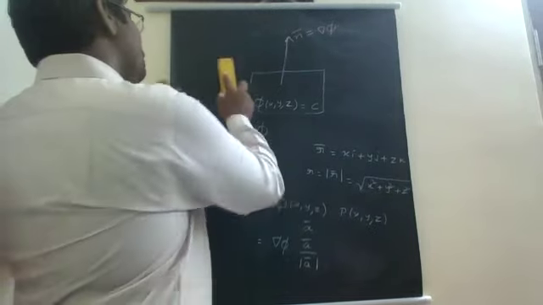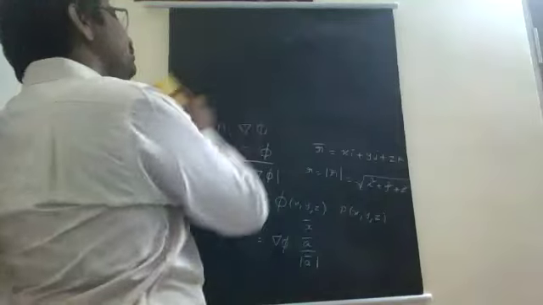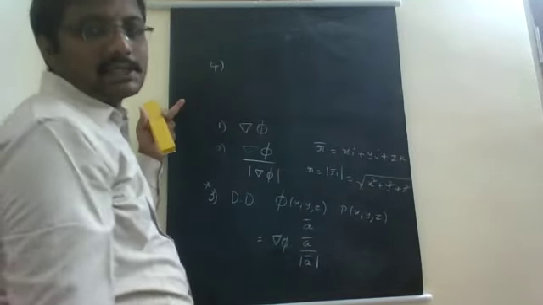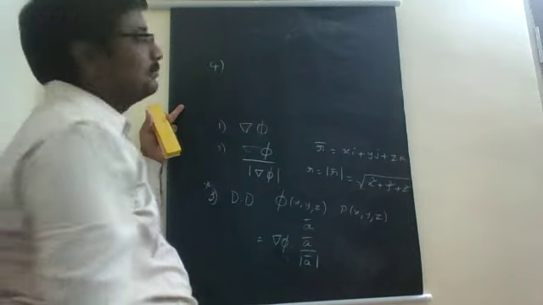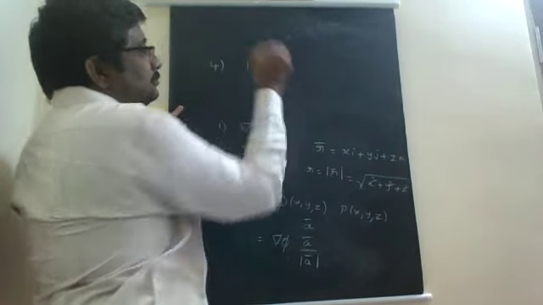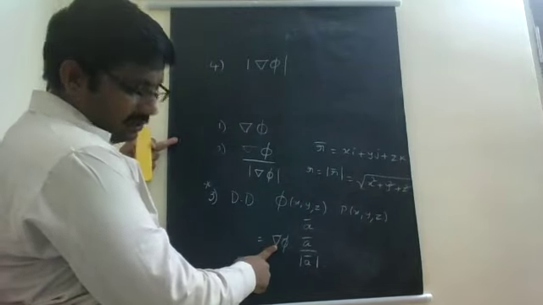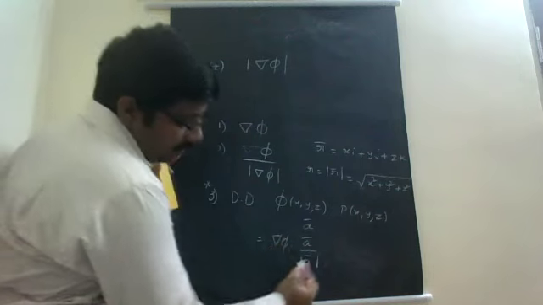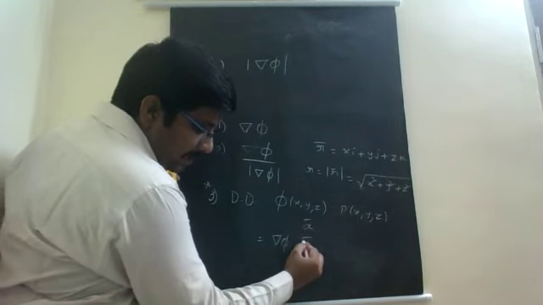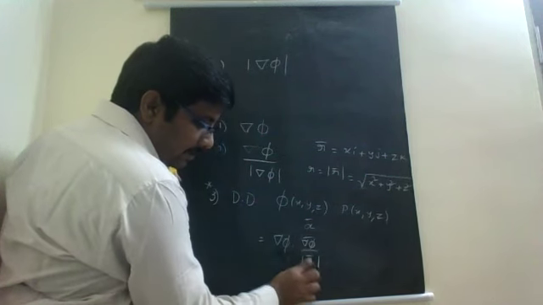And we will have the maximum directional derivative or greatest directional derivative. The maximum directional derivative is given by modulus of del phi. Because we have the formula for the directional derivative, the maximum directional derivative is obtained just by replacing a bar with del phi bar.